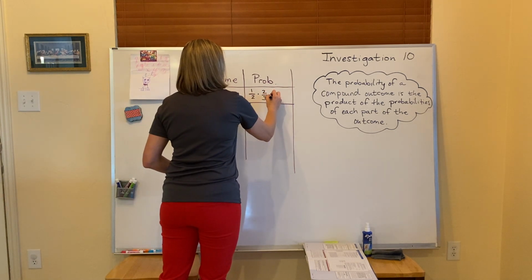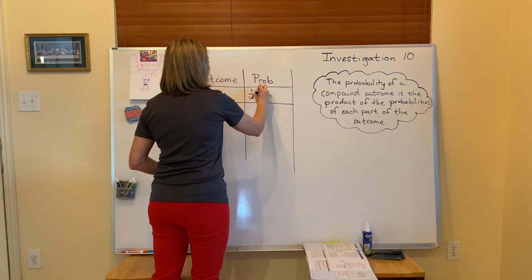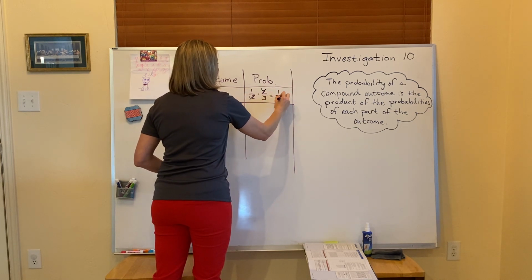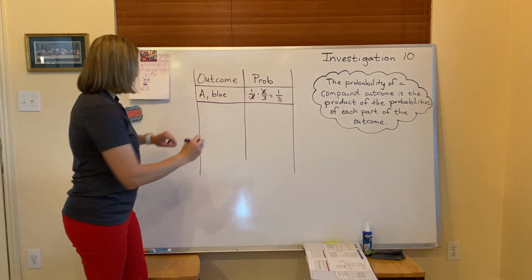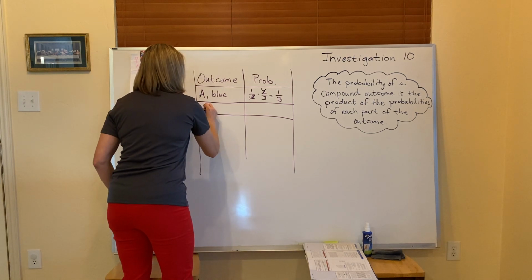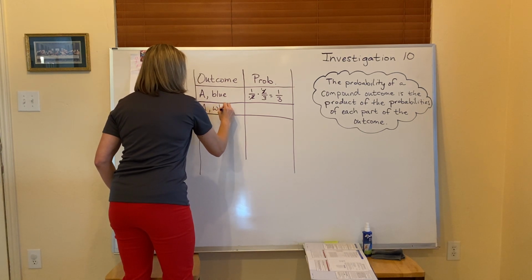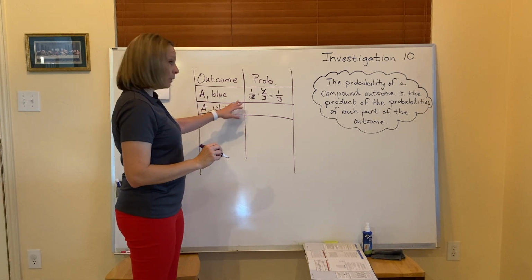We multiplied these together. We can cancel. We came up with 1/3 as our probability for landing on A and blue. Let's look at A and white. A will be the same, right?